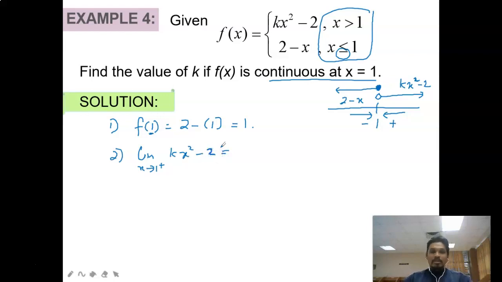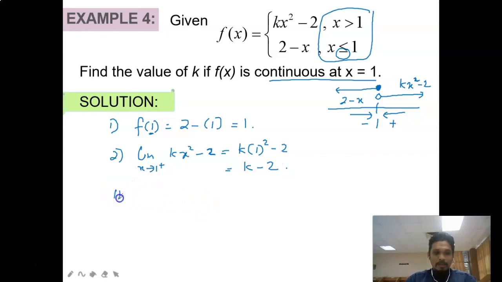Just imagine x approaching to 1 from the right side, getting very close to 1. So we just assume x equal to 1, not exactly 1, but assume this is 1, then k minus 2.